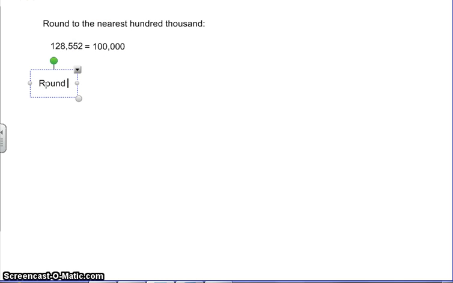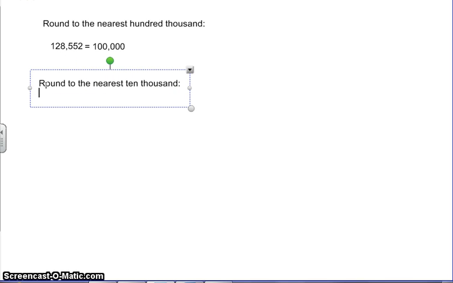What if we rounded this number to the nearest 10,000? What digit is in the 10,000s? The 2. So now I have to keep the 1 in front. I say, okay, 128,552.